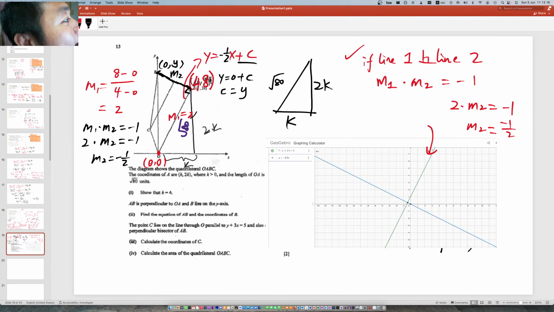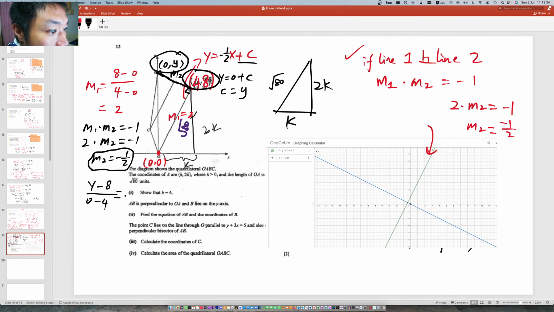I know already the gradient is -half. Then I can use this and this to get my gradient: (y minus 8) over (0 minus 4) is equal to -half. Then you can find y. You just cross multiply, so simple.